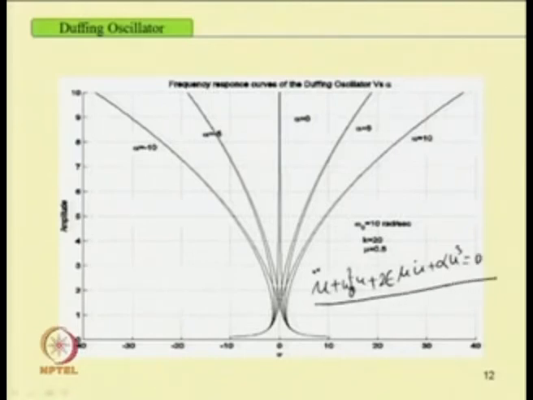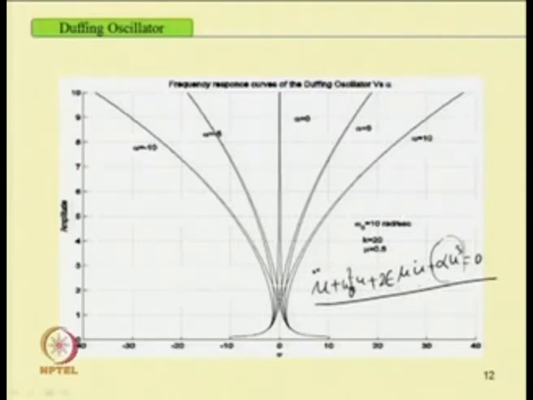So, if you take this equation, already we know the frequency amplitude relation in this case. Unlike the linear system, that is, if you put this alpha u cube, the nonlinear term, equal to 0, already we know in case of the linear system, the steady state response of the free vibration tends to 0.